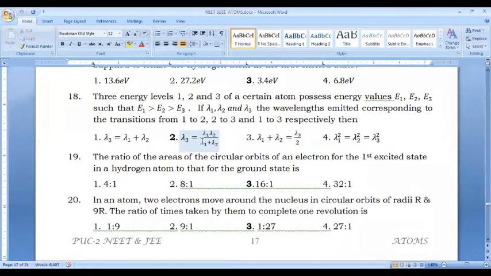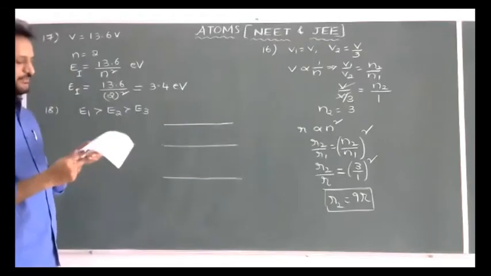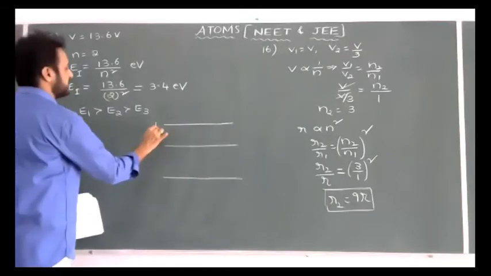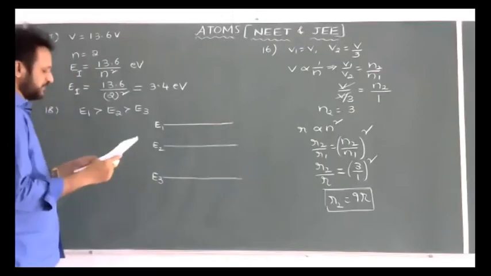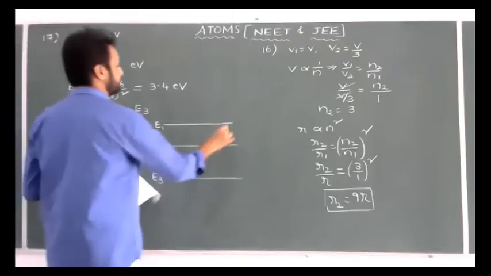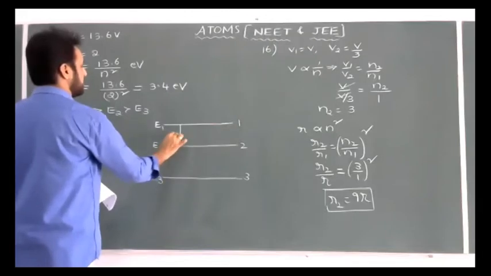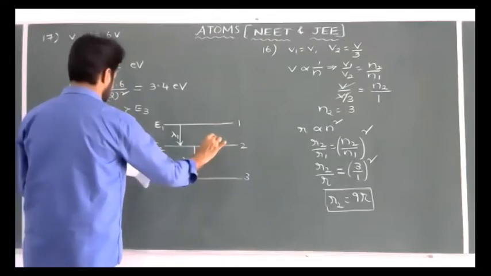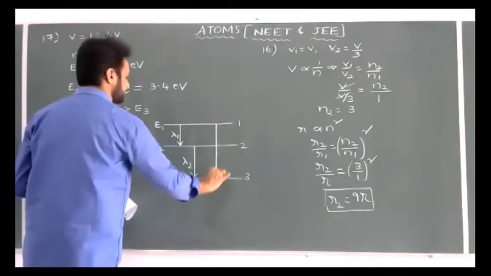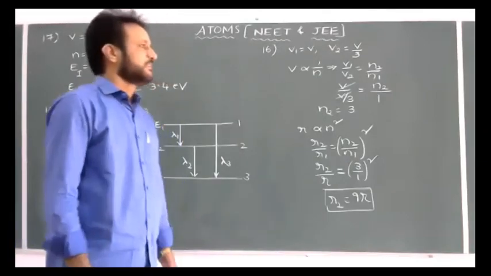If lambda 1, lambda 2 and lambda 3 are the wavelengths emitted corresponding to the transitions 1 to 2, 2 to 3 and 1 to 3 respectively, then we have to check which option is possible.